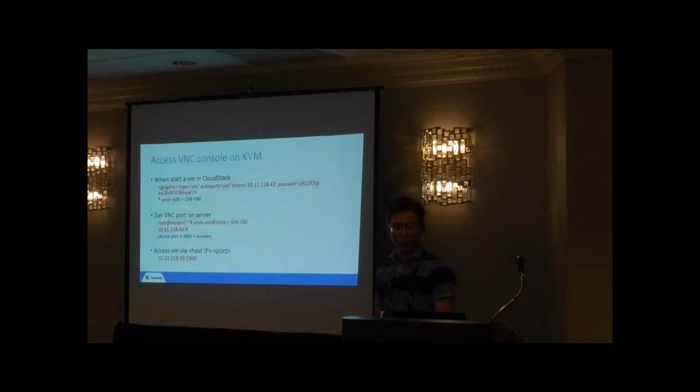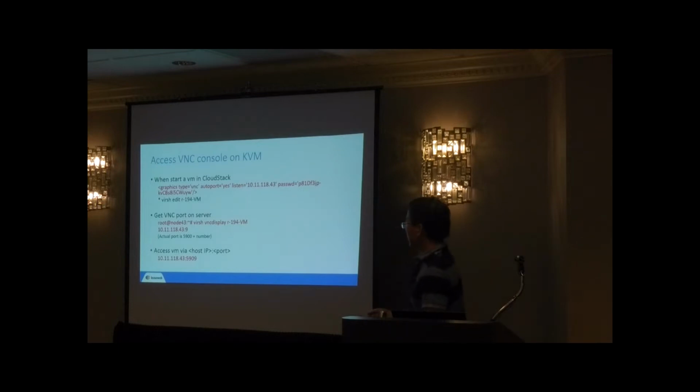Here is an example of how to access the console of virtual machines running on KVM. When we start a VM in CloudStack, if we look at the definition file of the VM, we can find this part. It means it will provide a VNC server listening on the IP of the hypervisor, the port is auto-allocated, and the password is the VNC password to access the VNC.